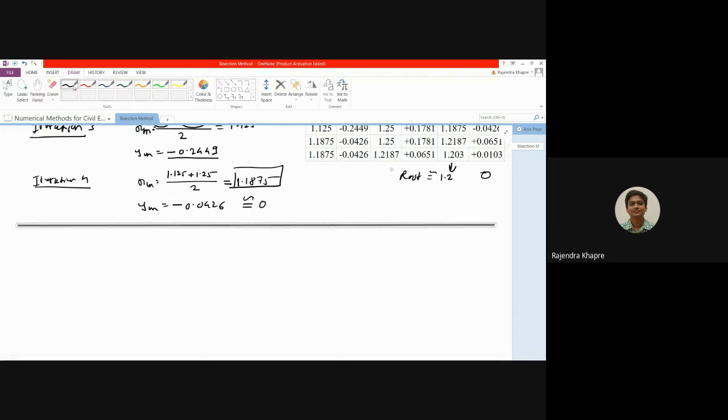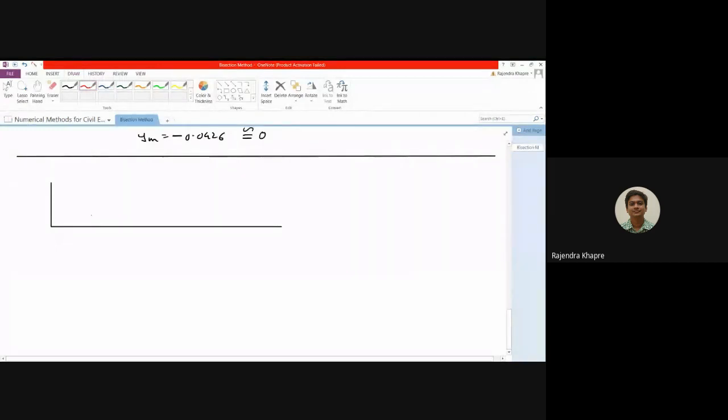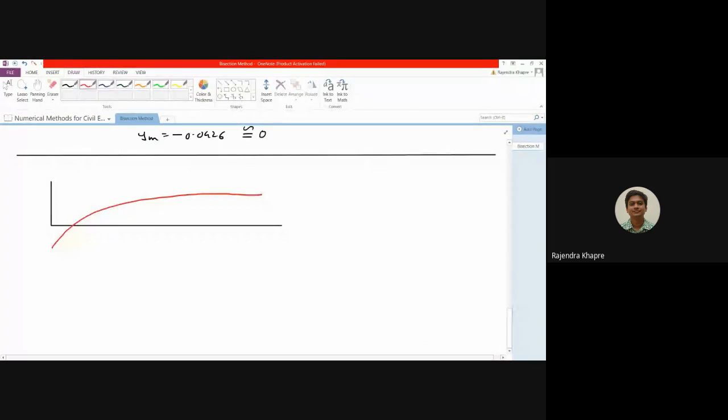So this completes, right? So now you try and understand. Okay, let us say we have a curve which is something like this. Okay, so it is going up and then it is getting flat. Now as far as this method is concerned, we have to choose 2 points, right?